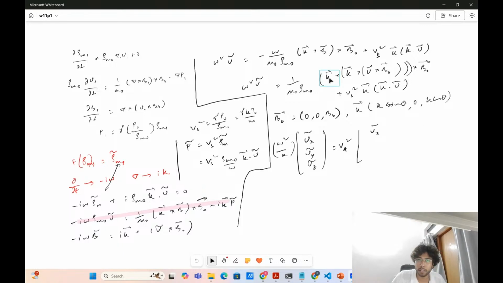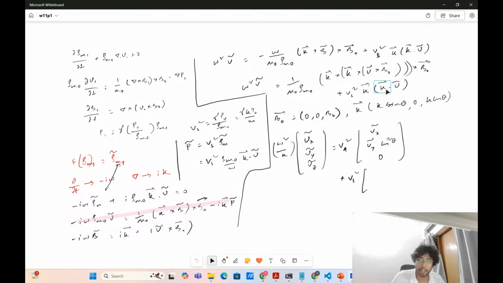Okay? And if you solve this cross product, right? So this will come out to be ux tilde, uy tilde cos square theta, 0, right? And so this is this term, plus the last term.